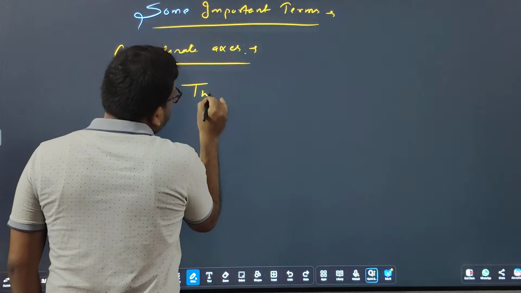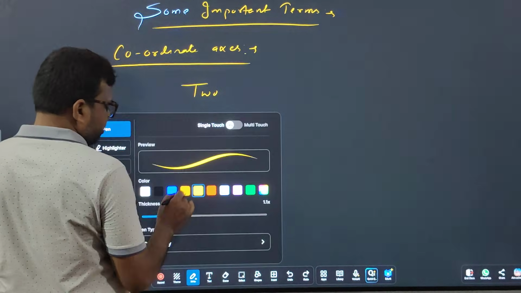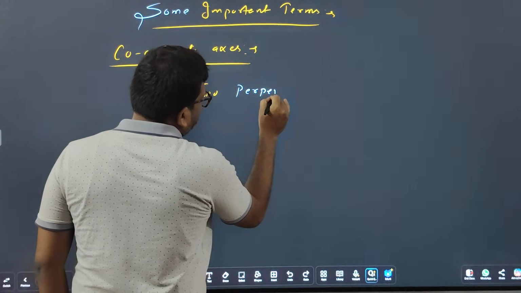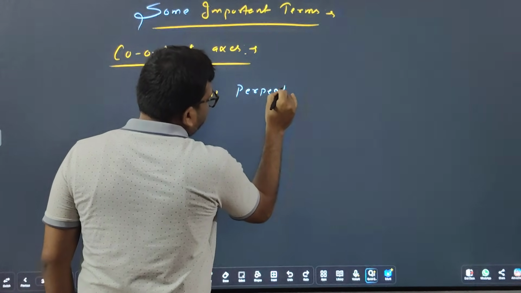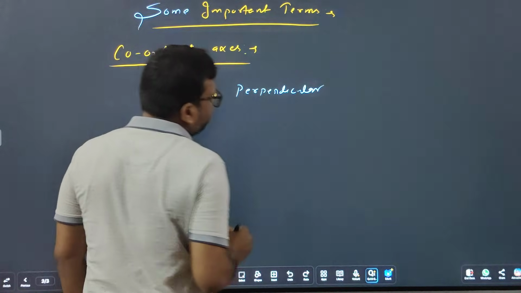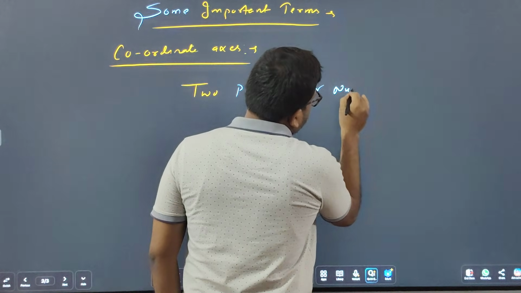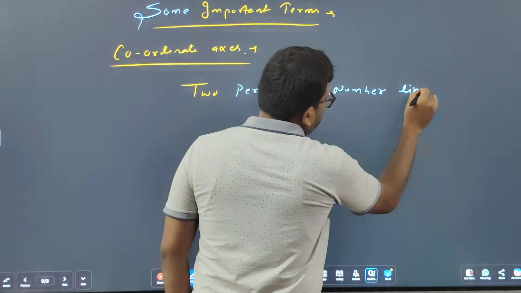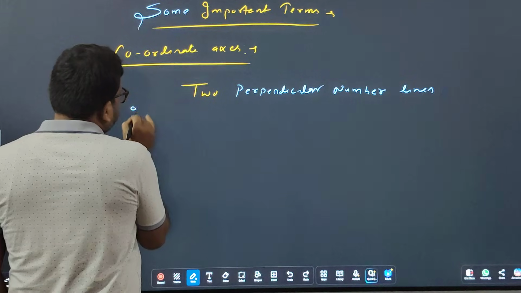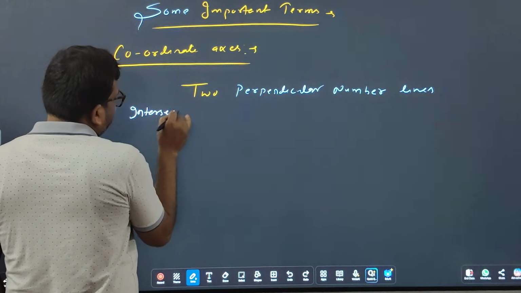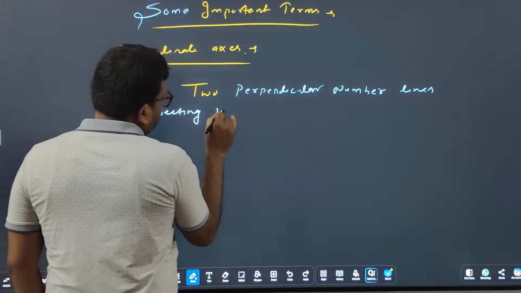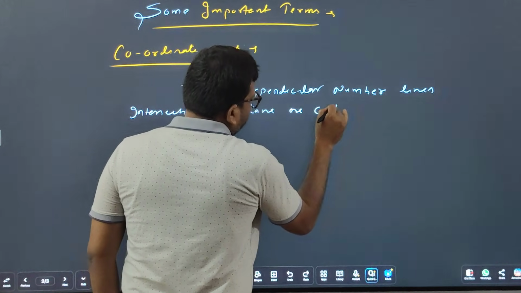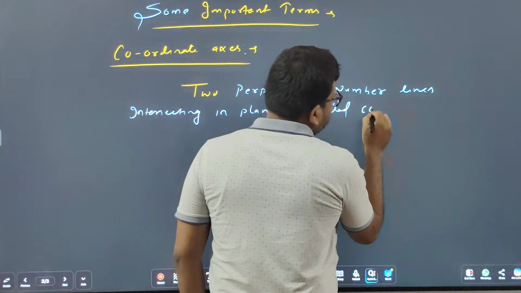Two perpendicular number lines intersecting in a plane are called coordinate axis.